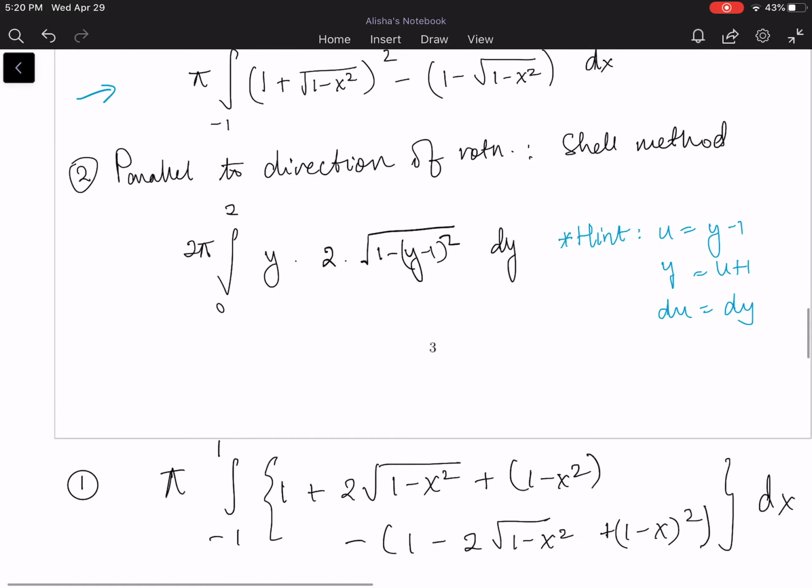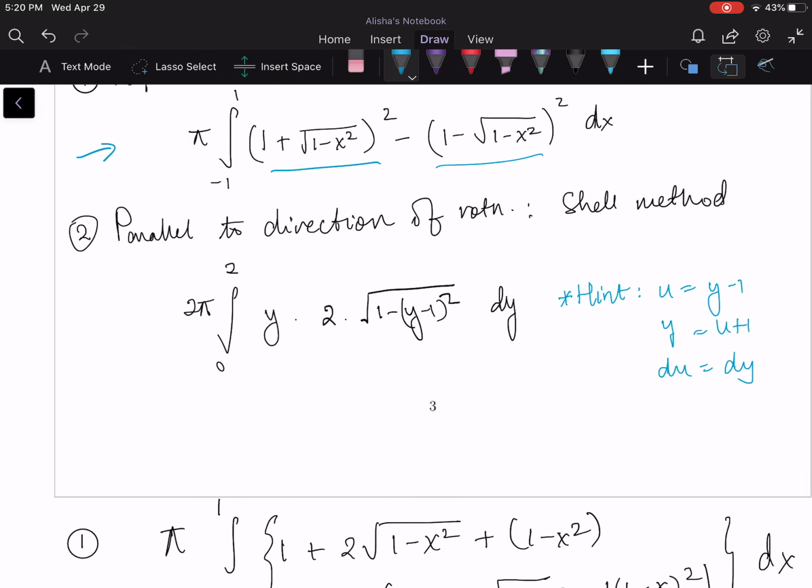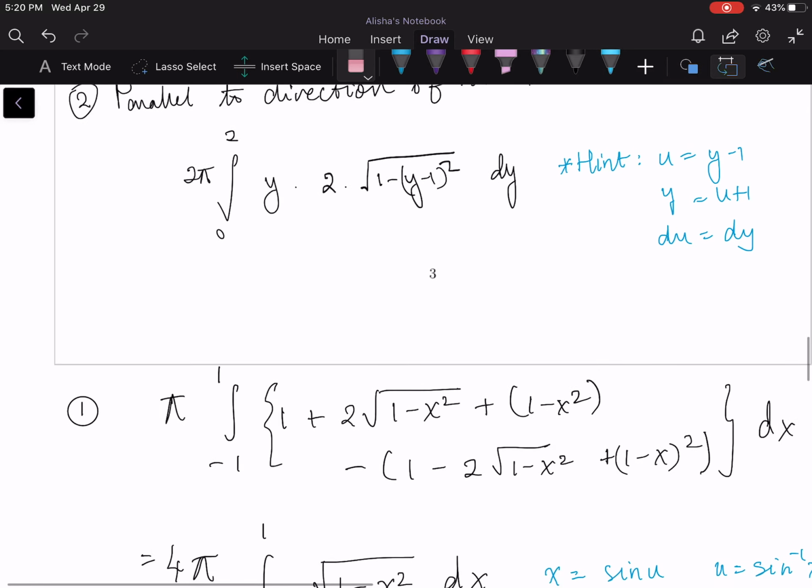With the first one, my first step was to square things out and open out these parentheses. Then you get something that looks like this. This is a typo. This should be x squared.